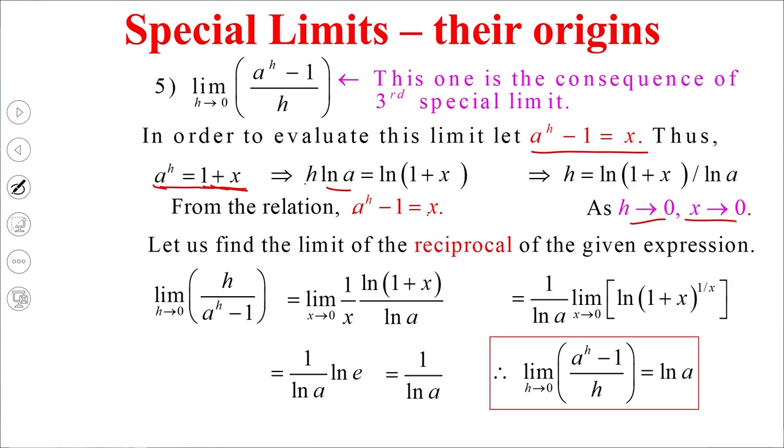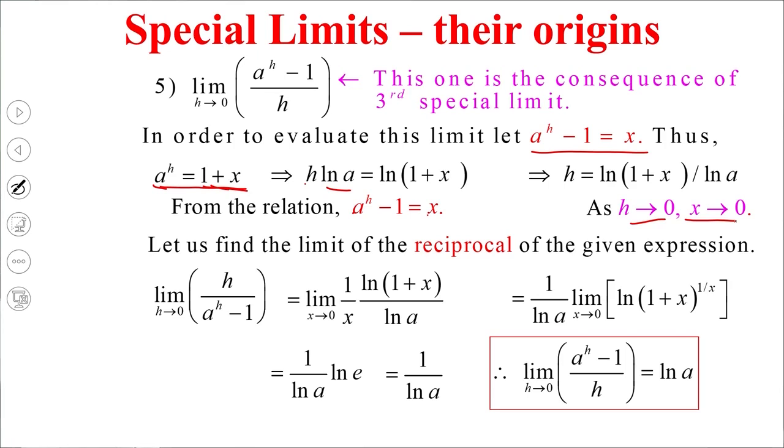When I find a certain value for this one, my final answer would be the reciprocal of my answer for this one, so that it would be an answer for my original problem. So let us now proceed with calculation of the limit for this reciprocal of my original problem.